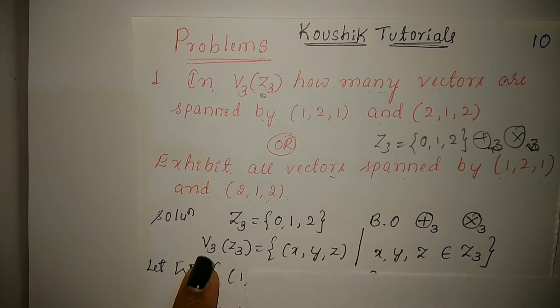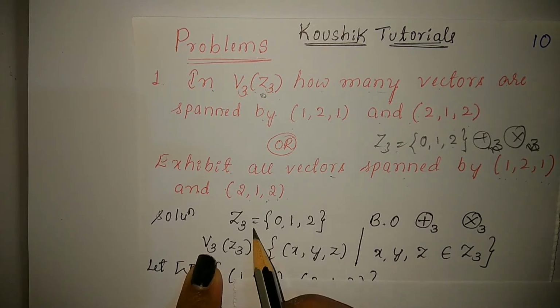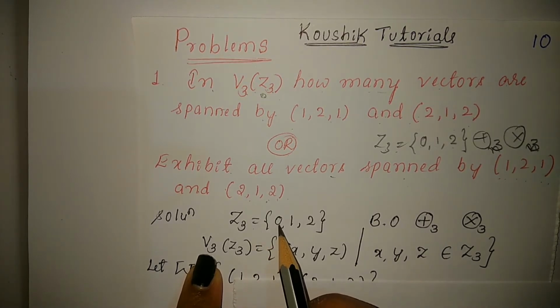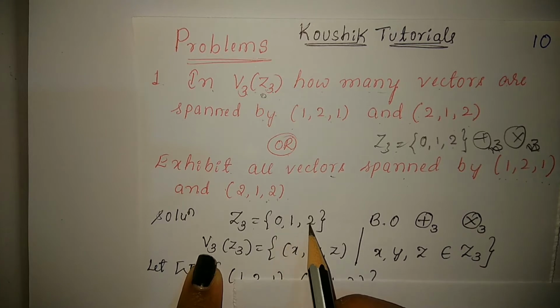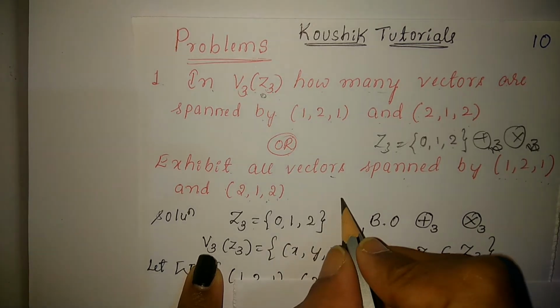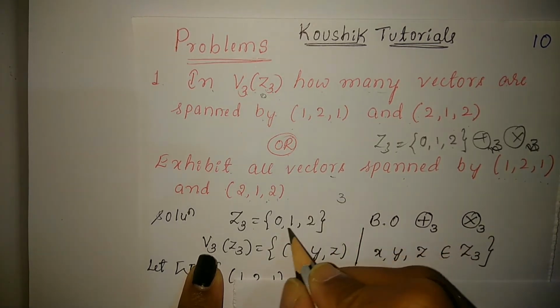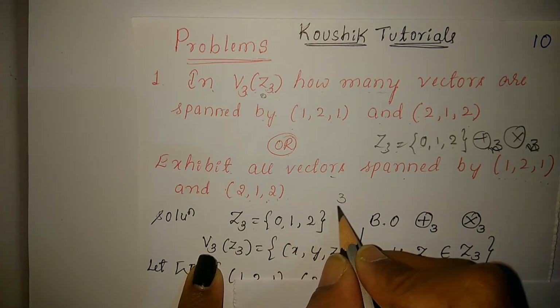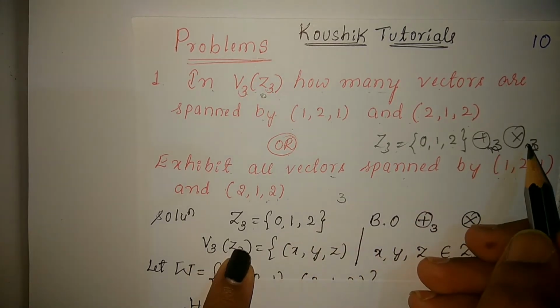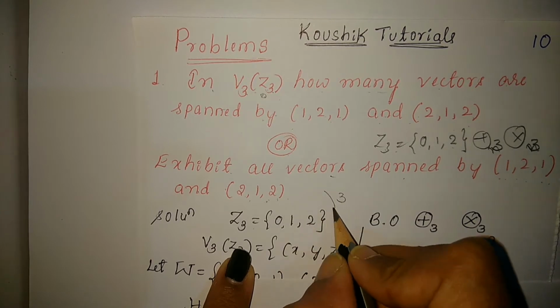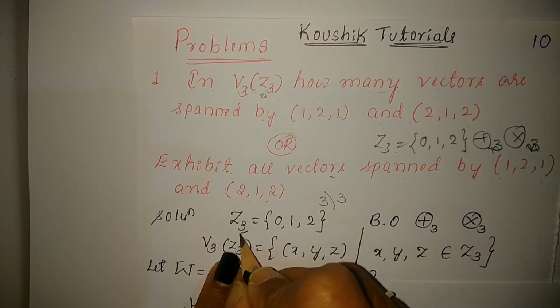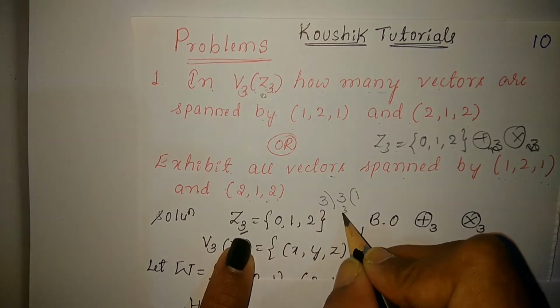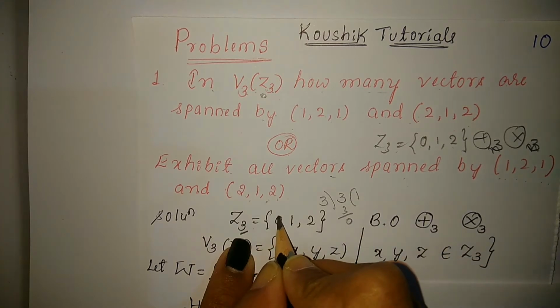First, what is Z3? Z3 is equal to the set of all the elements 0, 1, 2. Okay. So, if I take 3, then with respect to addition modulo 3 and multiplication modulo 3, if I divide 3 by 3, 3 ones are 3, we get the remainder 0. So this is 0.